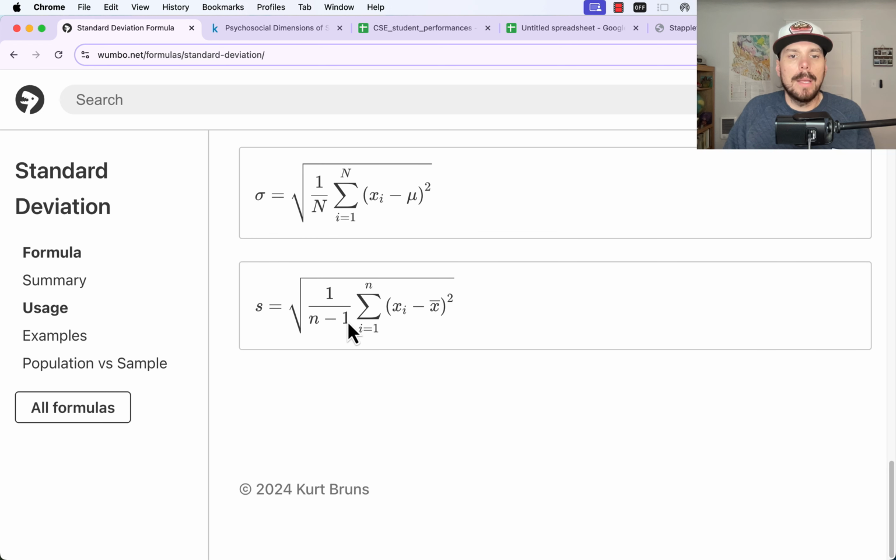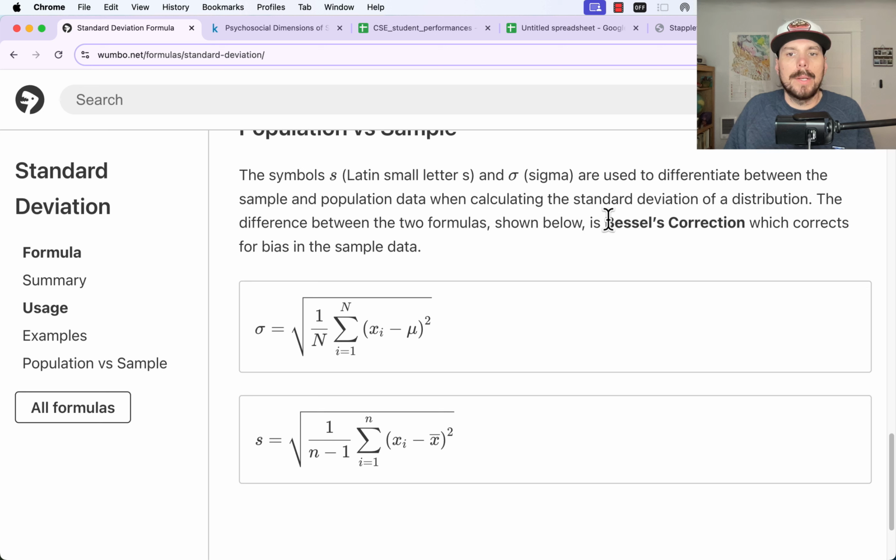We reduce that n by 1, which will be an effect that's felt a lot more with small samples. Imagine subtracting 1 from a million, proportionally not a huge change, but if you subtract 1 from 5, you're reducing that down by 20%. So a lot bigger effect with small samples for Bessel's correction.